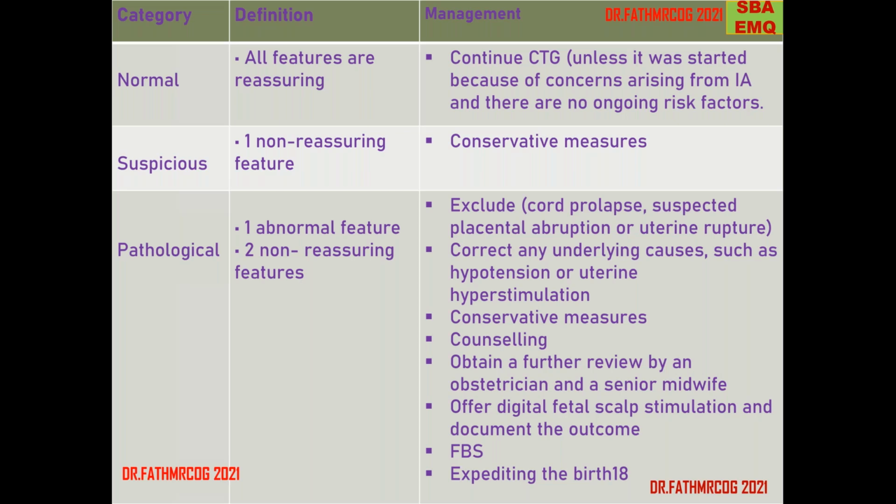We talked about the non-concerning features, more than 90, or up to 50% of contractions, and the duration of 30 or more. If you find one of these non-reassuring features, this is classified as suspicious CTG. We need to do conservative measures. We'll discuss how to do conservative management.